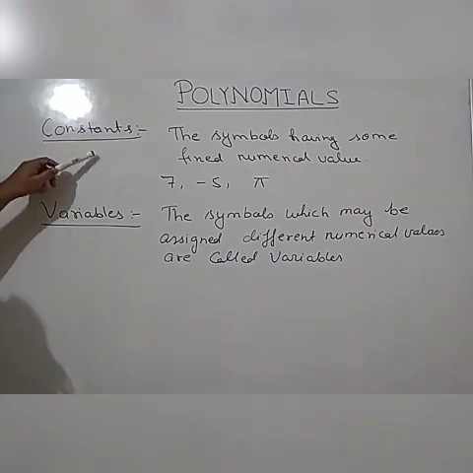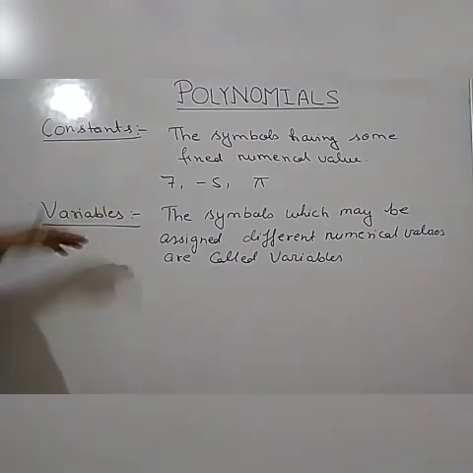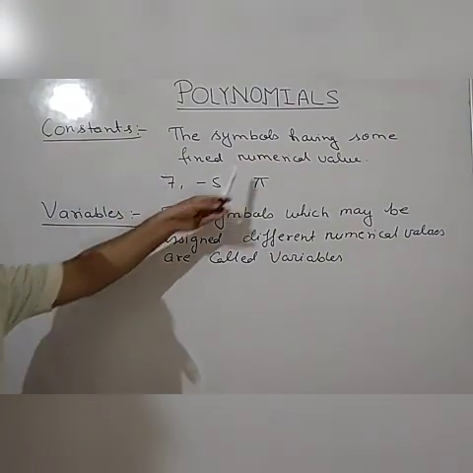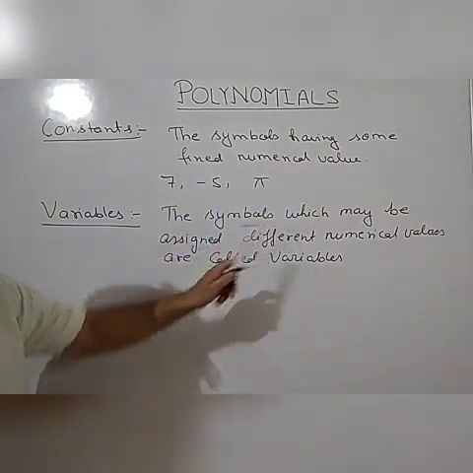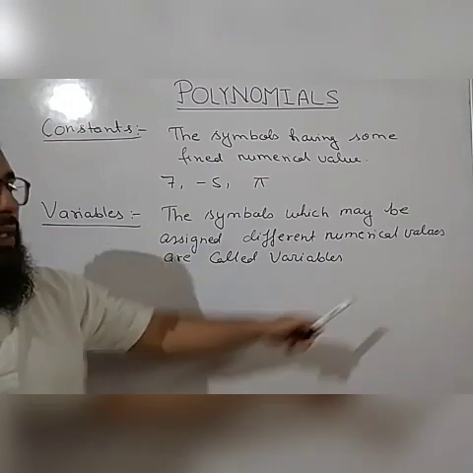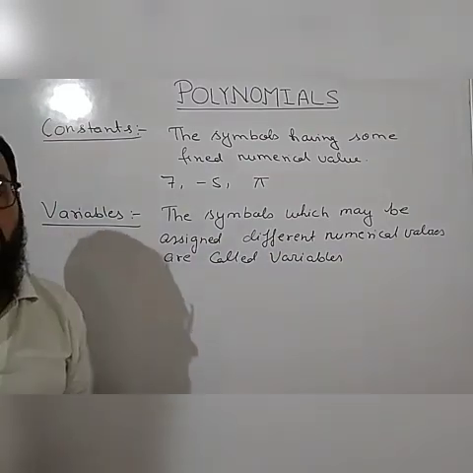All these definitions you have already studied in your class 7th and 8th. So constants are symbols having some fixed numerical value, and the symbols which may be assigned different numerical values are known as variables.